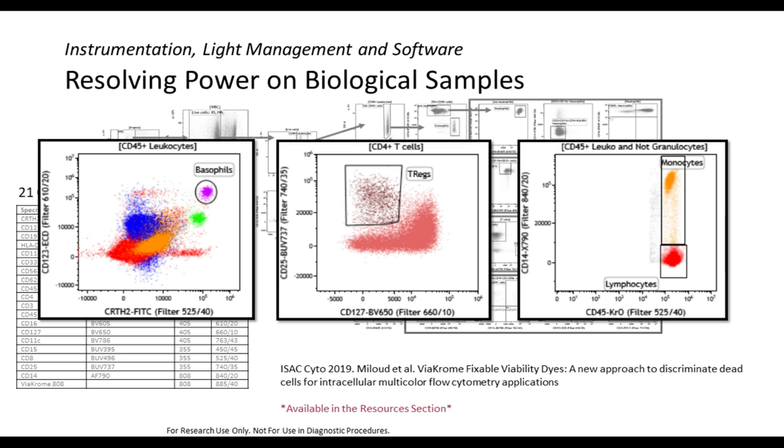We see the Tregs in the middle with the CD127 and CD25 staining, where I think you can see that the CD25 high and CD127 low population really is clustering very nicely. So again, very good resolution. And on the right here on the IR laser, we have the CD14 antigen, a very strongly modulated antigen. I mentioned earlier that the modulated antigen might be the most challenging to implement.